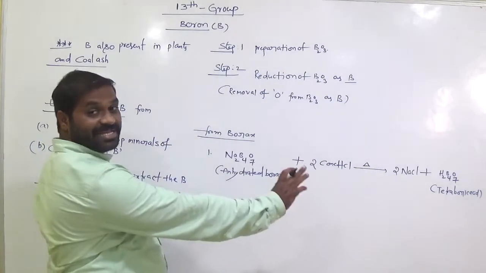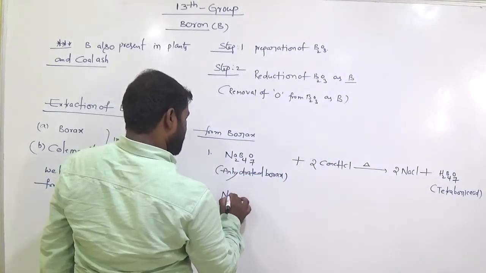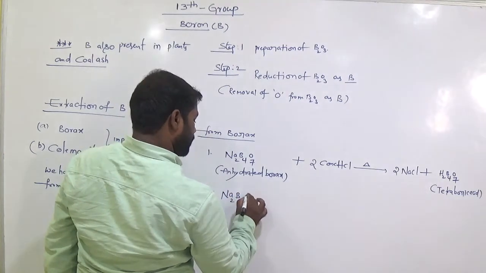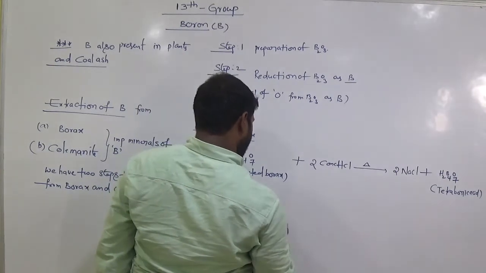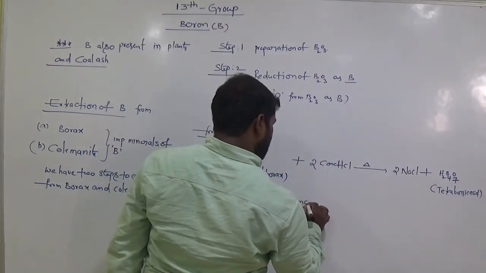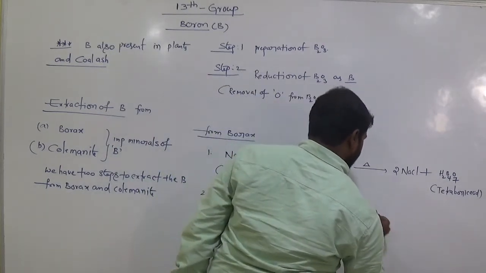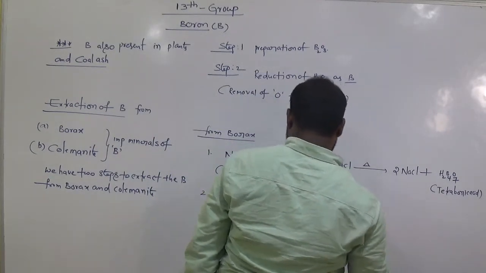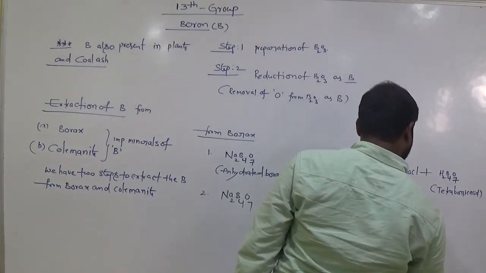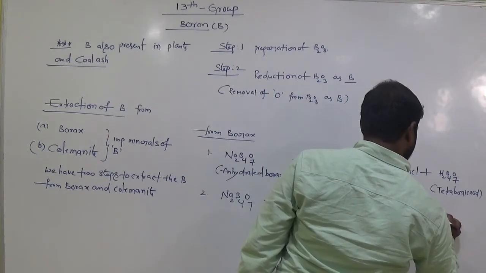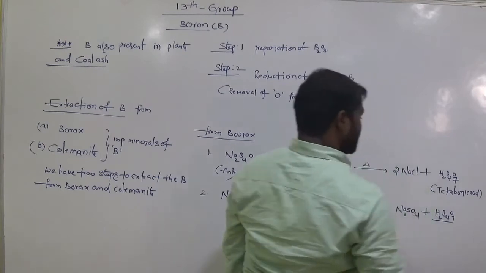So tetraboric acid is also prepared by treating Na2B4O7 with concentrated sulfuric acid and heating; it produces sodium sulfate and H2B4O7, tetraboric acid.